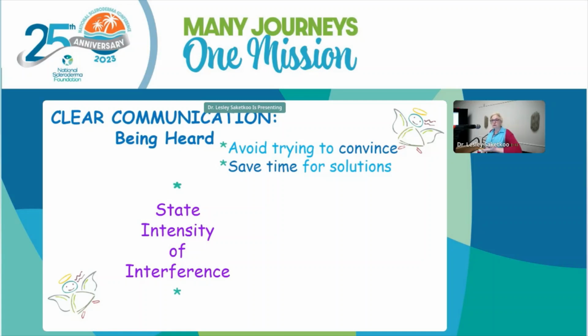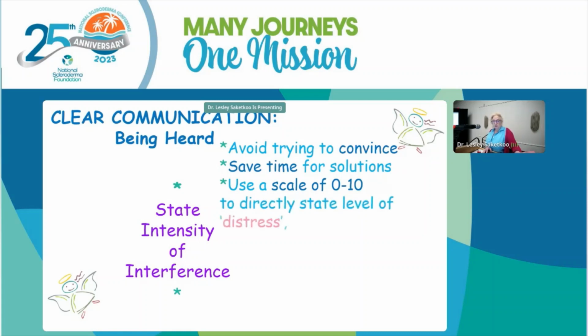We have to trust that they're going to trust us to tell them what the symptoms are. You can consider using a scale of 0 to 10, 0 being wonderful and 10 being impossible. You can directly state either the level of distress about that experience, or the degree to which it interferes with your life.